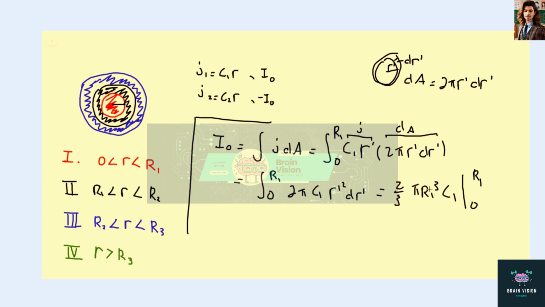Originally this was an r prime squared, and we were evaluating from these limits. Now we just have I naught equals 2/3 pi R1 cubed C1, and we can solve for C1. We should get that it is equal to 3 I naught over 2 pi R1 cubed.